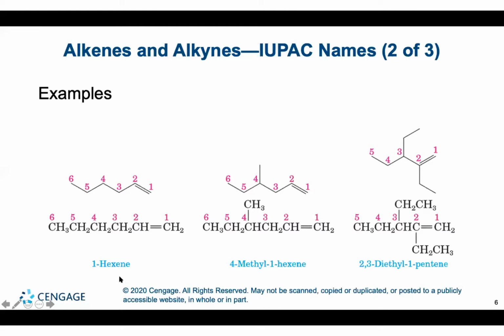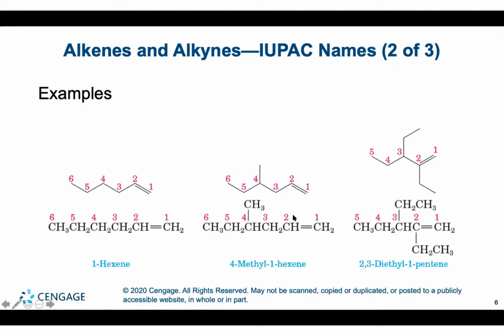When you look on the internet, you may come across some examples that don't mention the 1 here. So you might see just hexene. That's the same, guys. In some other books, you might see that they just write hexene here. They don't write it as 1-hexene, and it's totally correct.